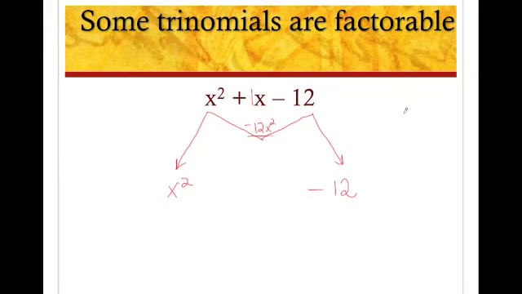I can think about what multiplies to give me 12. That would be 1 and 12, 2 and 6, 3 and 4. I notice that if I have a plus 4x and a minus 3x, I'll write that down. Those add to give me my 1x and multiply to give me my minus 12x squared.